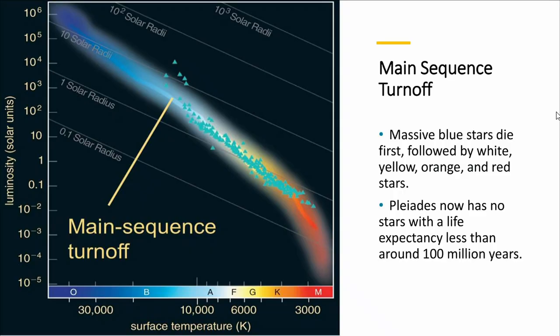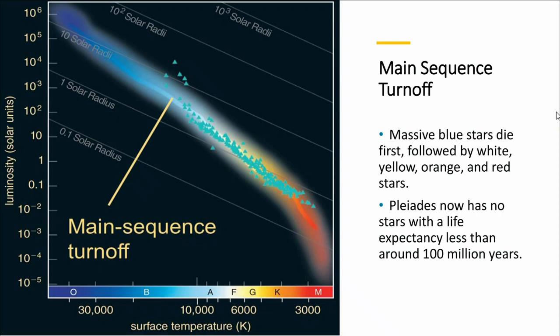That means that if there were stars that formed in this cluster up here, they've already evolved off the main sequence and met their fate. So they've died in some explosion or some other event.